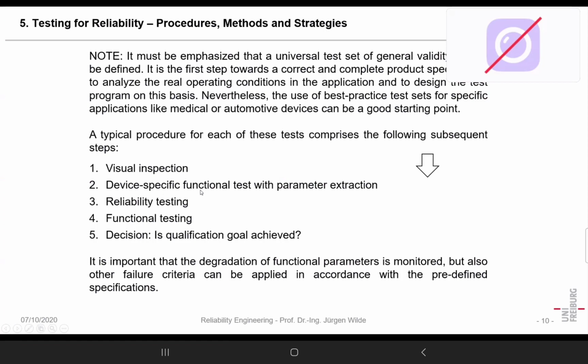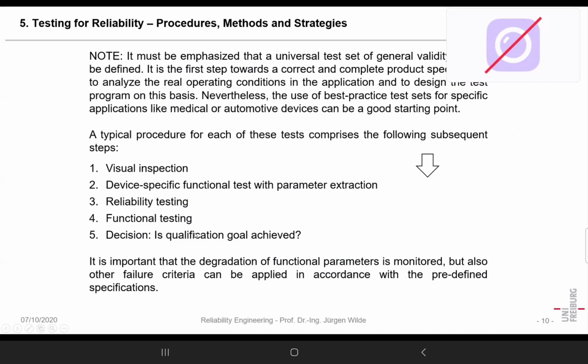Then typically on the device level, you do a device-specific functional test. Then you do reliability testing, so that means cycling and other testing. But normally you don't do the whole set of testing; we always take only one of the tests and perform it, for instance temperature shock or high temperature operation. And then you do functional testing again.